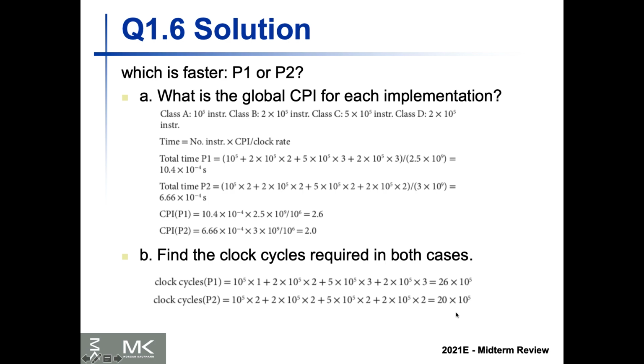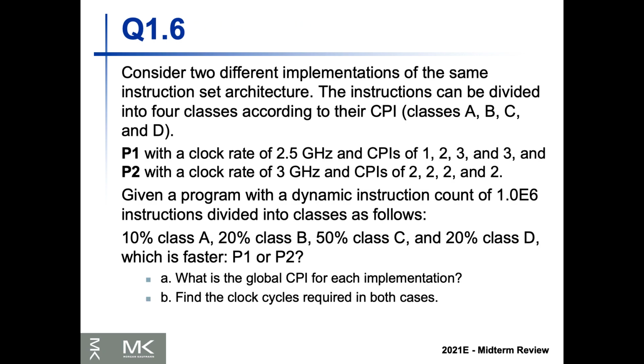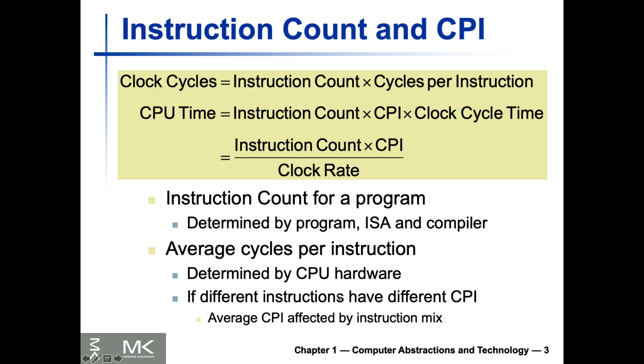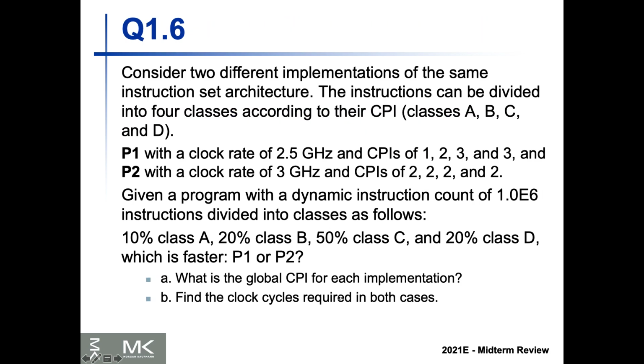Thus, P2 is faster because it requires fewer clock cycles to accomplish the same task. Okay? So there can be a variety of questions asked from these two formulas and other things.